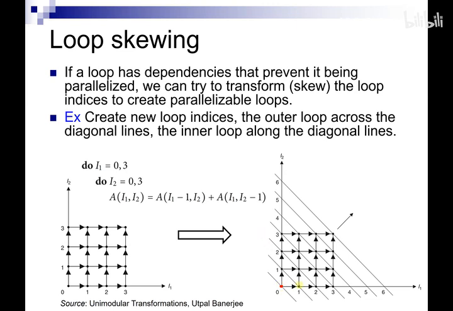Notice that these two iterations are actually independent of each other, because as long as we do these two statements after this statement, we can do these two in either order, because this statement just depends on this one, and this thing depends on this thing.